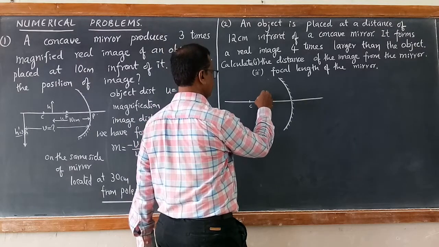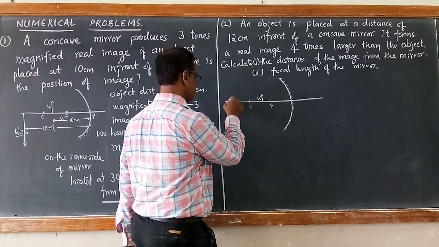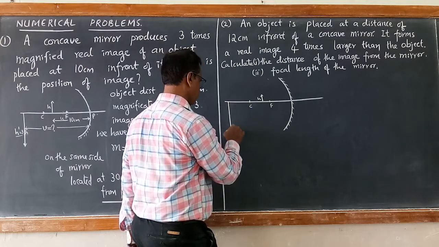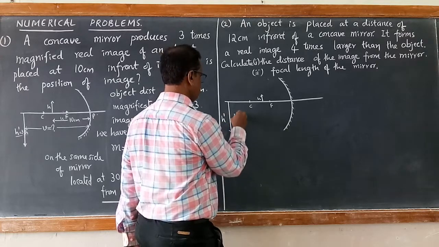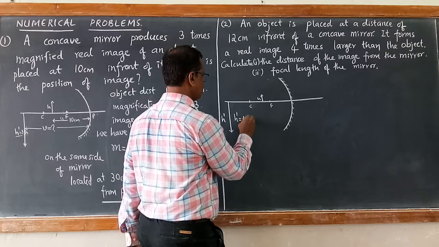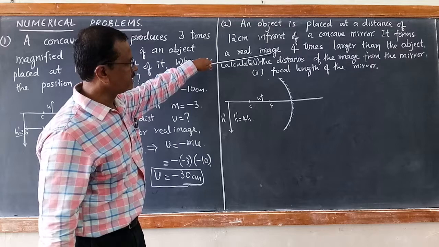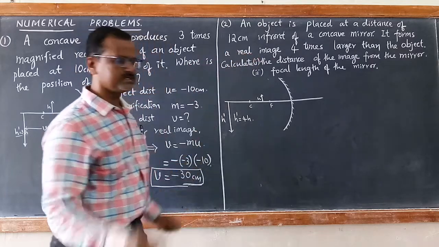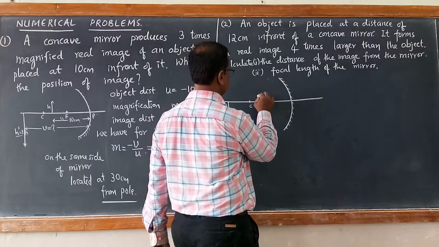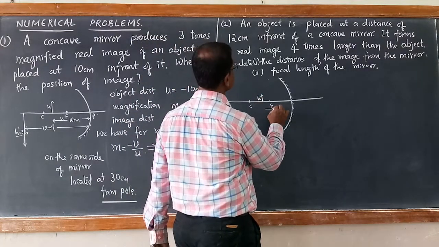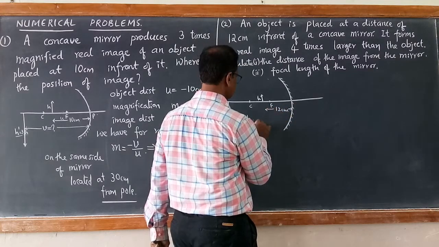Suppose this is the height of the object H. It is going to form the image beyond C, of height 4 times H. So H dash is equal to 4 times H, and it is an inverted, real image. A real image 4 times larger than the object means magnification is 4. The object distance is also given. Here it is H. Object distance is 12 cm. Similar problem. What is the image distance?